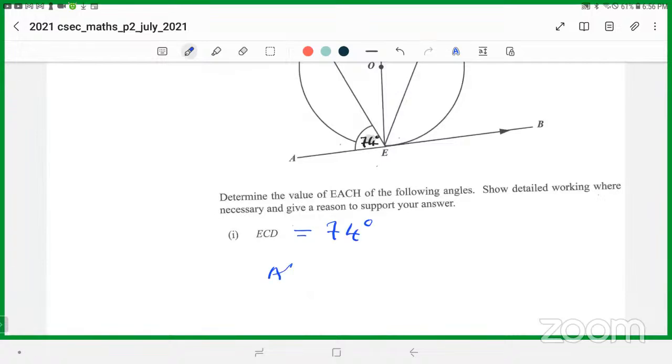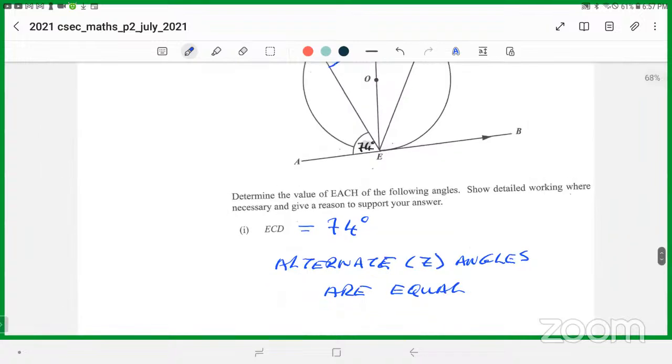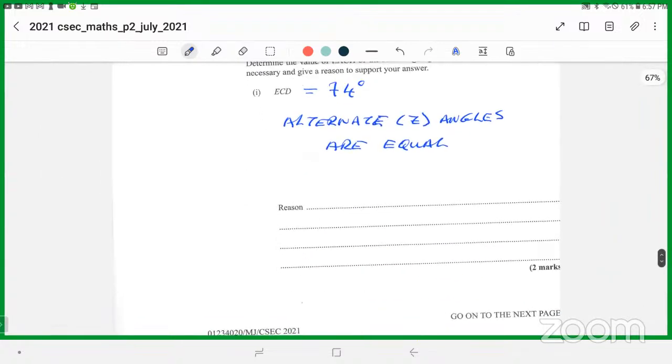I'm going to write alternate angles, which are also called Z angles, are equal. That's the reason. All right, that one done.